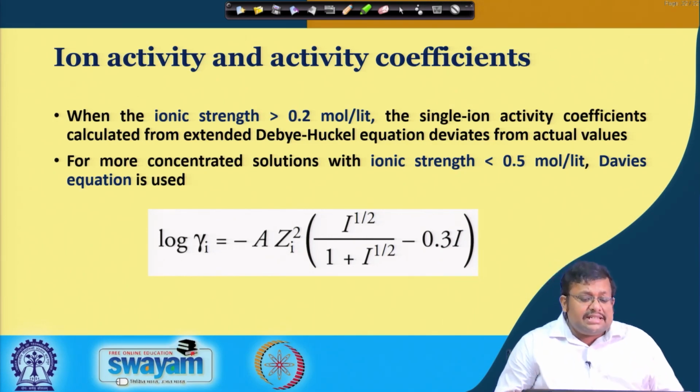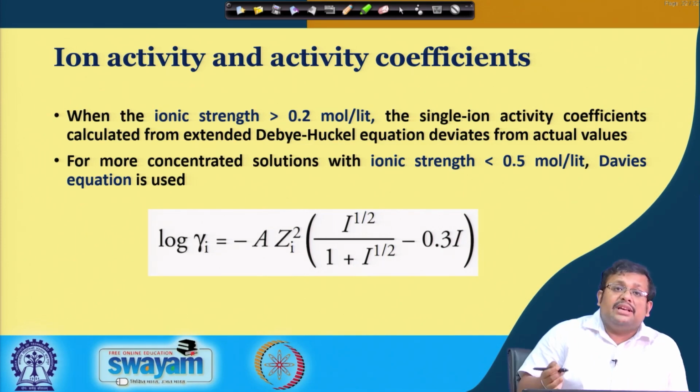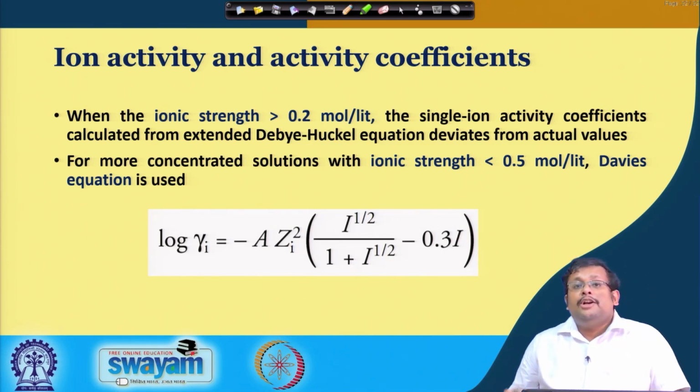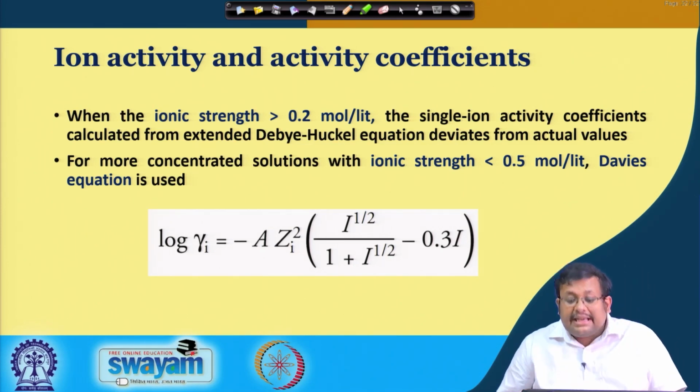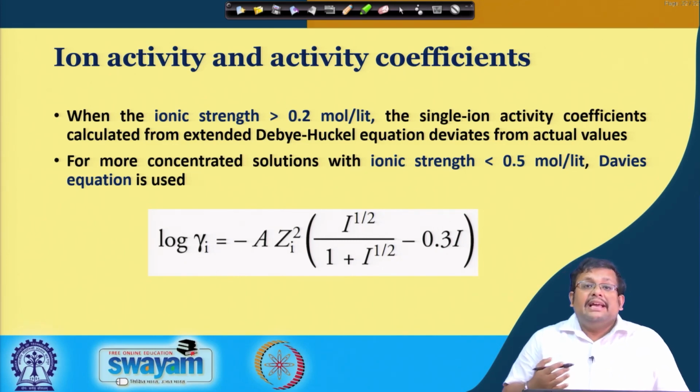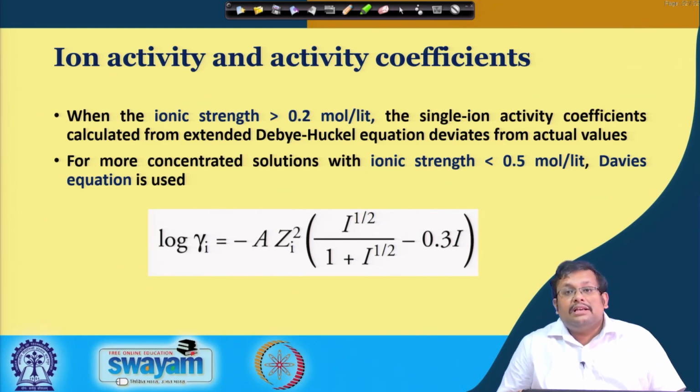So, what is the relationship between the ion activity and activity coefficients? When the ionic strength is less than 0.2 mole per liter, the single ion activity coefficients are calculated from the extended Debye-Hückel equation.